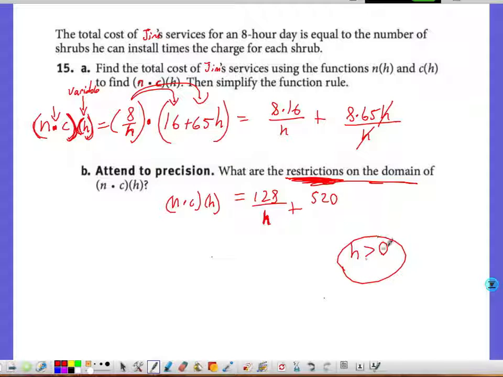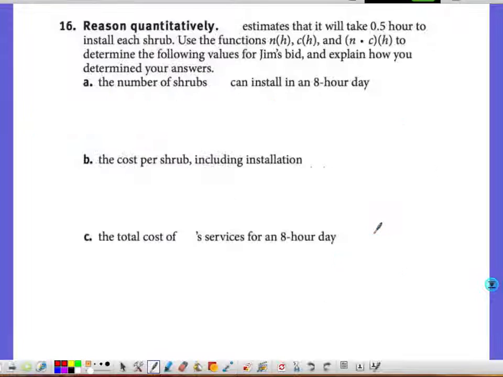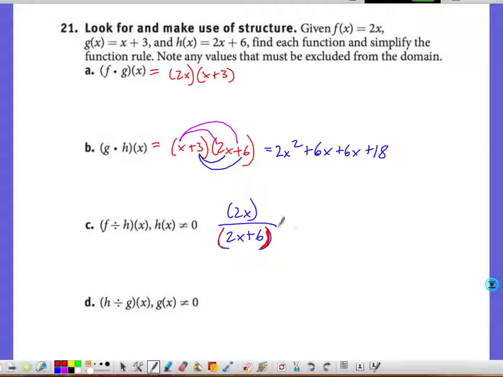In this case, we found that h has to be greater than 0. Same thing that we have to do here. We have a variable in the denominator. That means I have to figure out what value of x I can not have so that my denominator is not equal to 0. A really quick way to find that out is to take the denominator, 2x plus 6, set it equal to 0, and solve for x.